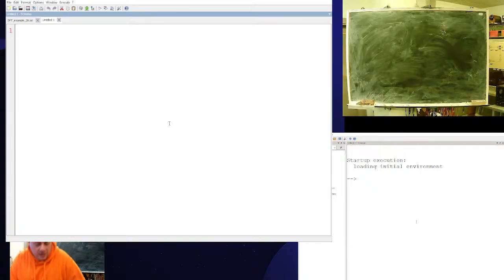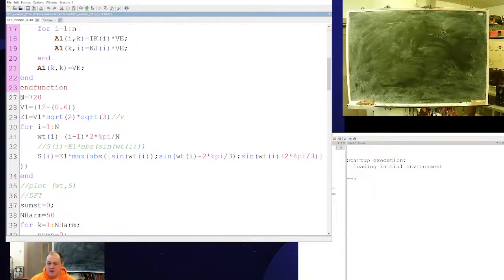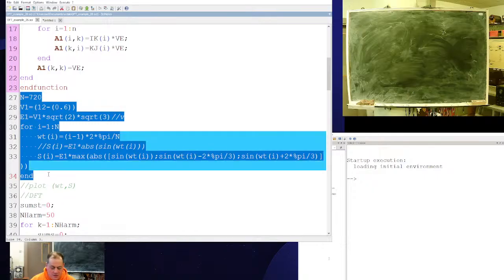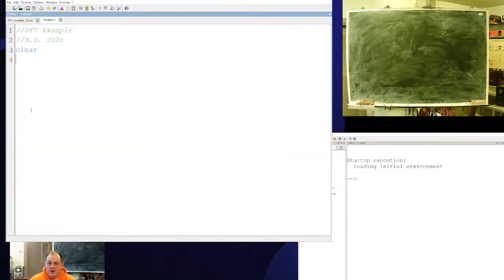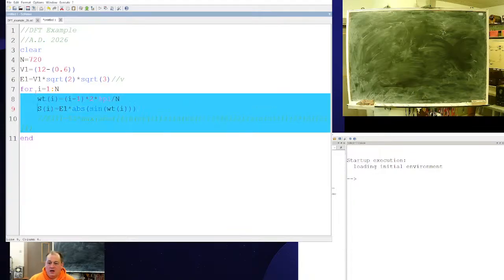Here is space to write something. Clear. I will use the SciLab environment because it's free, and it has all I need. I can copy this from myself, but this is not needed. This is what I will need.